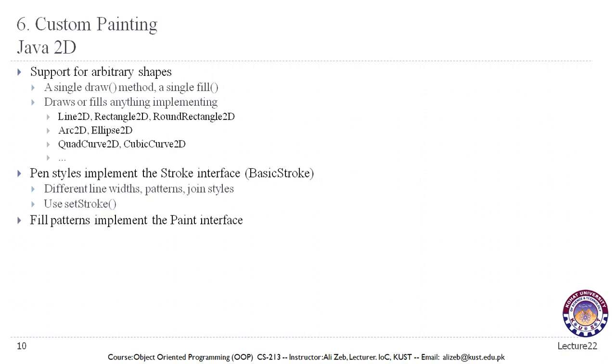Use setStroke. Fill patterns implement the Paint interface. For example, we can have a solid fill, with the default color space as RGB: Color.red, Color.green, Color.black. We'll see in the examples how we use these colors for our shapes.